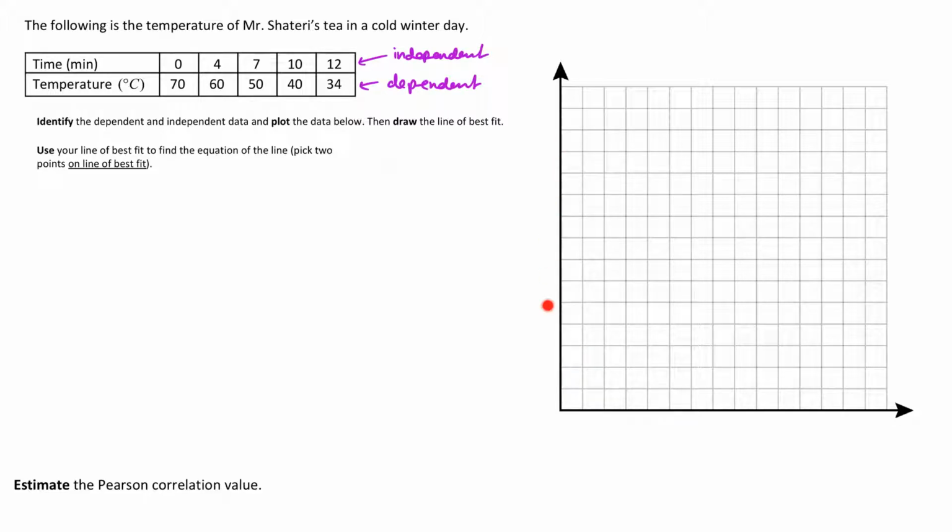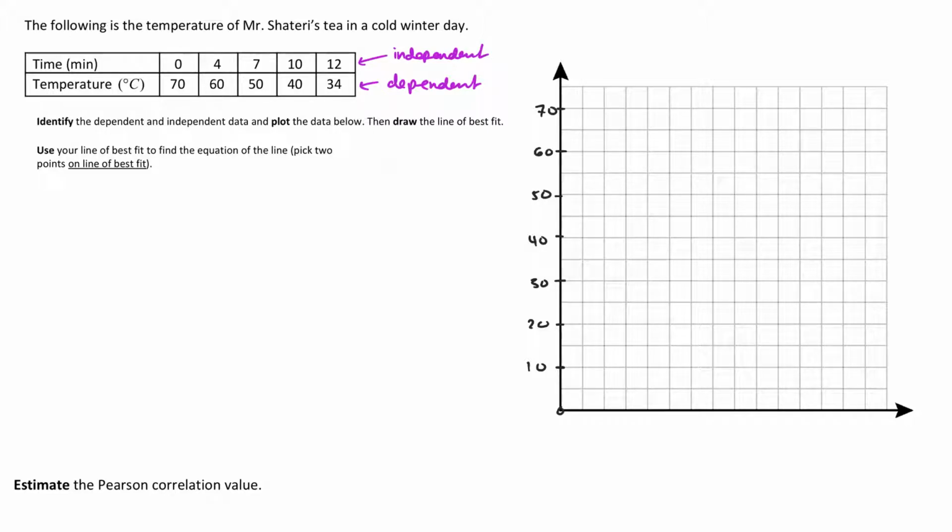We have about 15 ticks here, and it seems like we can actually choose every 2 to be 10. So we got 10, 20, 30, 40, 50, 60, and 70. And this allows us to use the whole y-axis, and it's really nice this way.